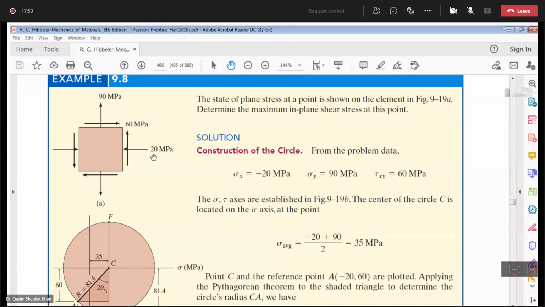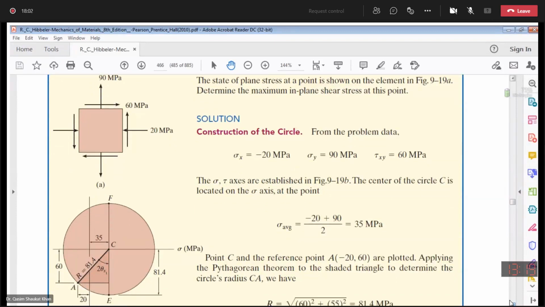So please calculate the radius, or you can say the resultant. R equals under root of ((sigma x minus sigma y) over 2) square plus tau xy square.